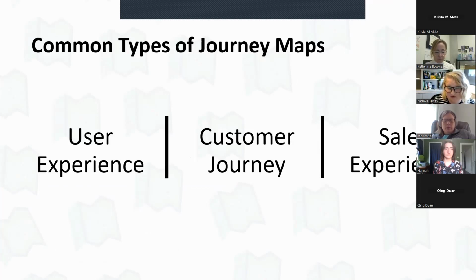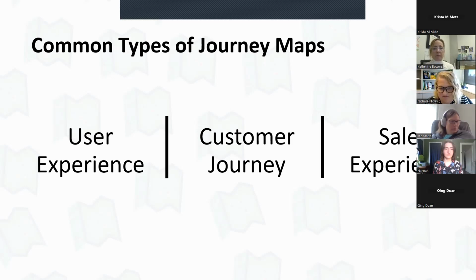One is a user experience. So maybe it would be a journey map of how somebody interfaces with their cell phone, maybe trying to make it so you spend more time on your phone, spend more money on the gadgets and things like that. There could be a customer journey and a sales experience of how somebody goes on to buy something like a car, as the example that we have next.